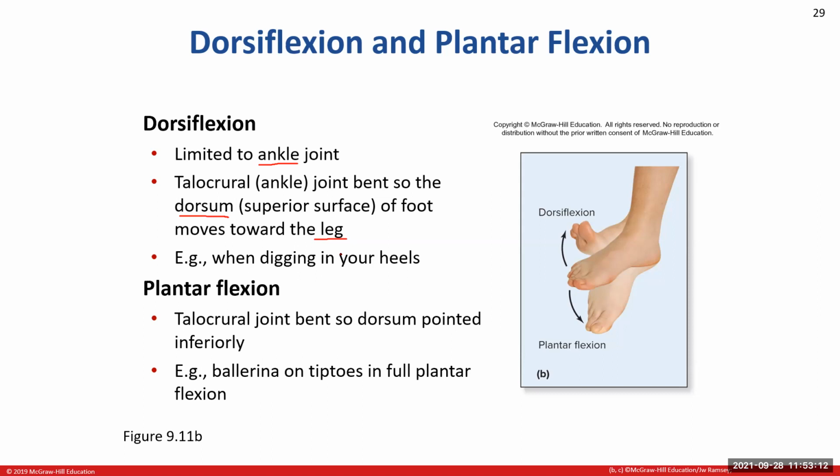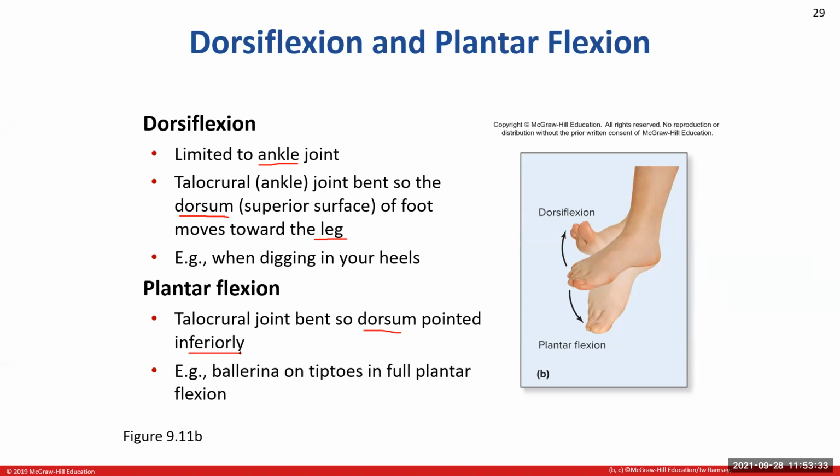If you're going to jump off to do a layup for basketball, you are going to plant your foot. So with plantar flexion, what happens is the dorsum or the top of your foot gets pointed inferiorly. You've seen this all the time before, probably with ballerinas.